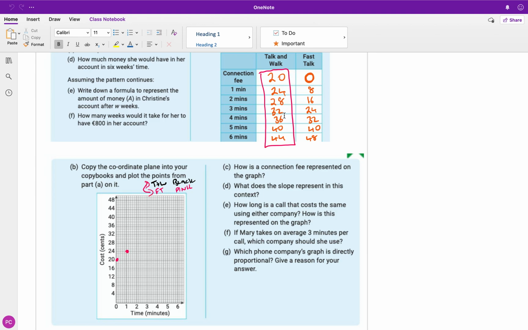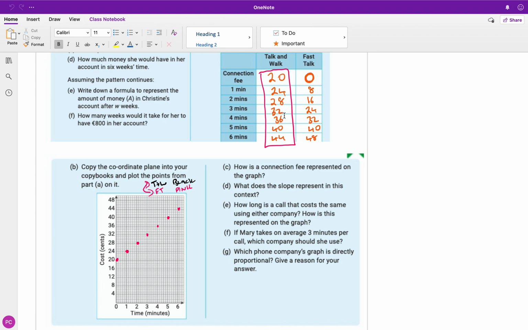Oh, all over the place today. 24, then up as far as 28. After 3 minutes, it's going to be 32. After 4 minutes, it's going to be 36. Nice straight graph, isn't it? 40 and 44. So there's my graph done there.